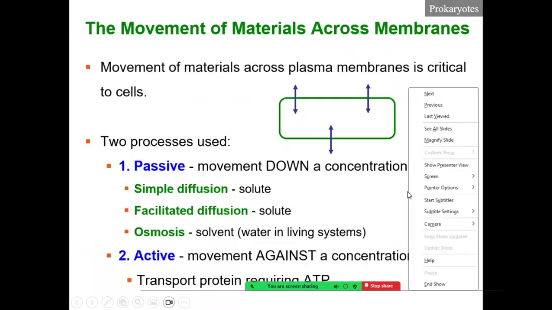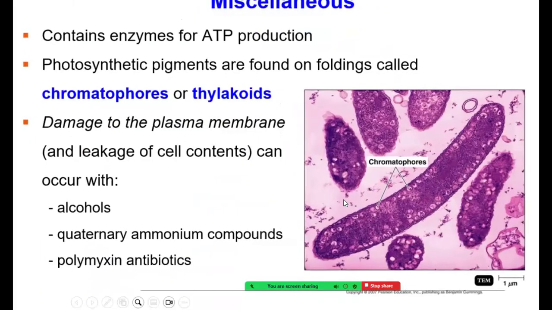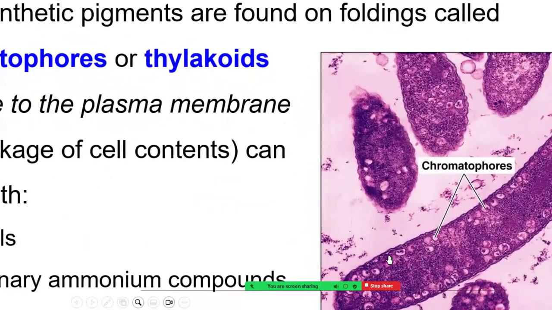The cell membrane runs like this outside the cell wall and then folds around like that. Move over to here, folds around like that. Moves over to here, folds around like that. And inside these chromatophores or thylakoids, we have the enzymes and the photosynthetic pigments. Any question about any of that?